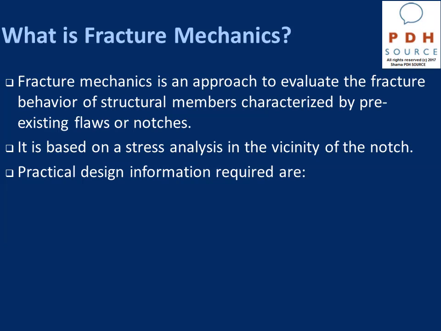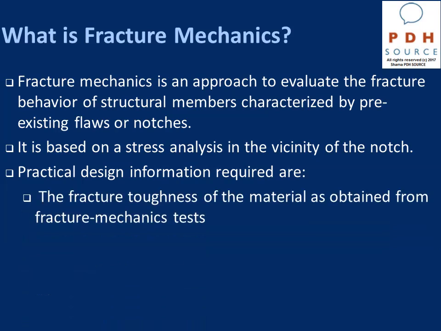In order to use this approach, there are basically three types of information that need to be available to us in order to use the principles of fracture mechanics. First, the fracture toughness of the material as obtained from fracture mechanics tests, and we'll go through all these tests later during this presentation.